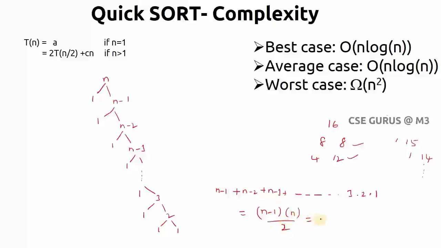So this equals n square by 2 minus n by 2, which may not exceed n square. That's why I have given a bounding function here. So in the worst case we need to observe it as omega of n square. This is what we need to observe, especially if you consider quicksort. Remember this point.